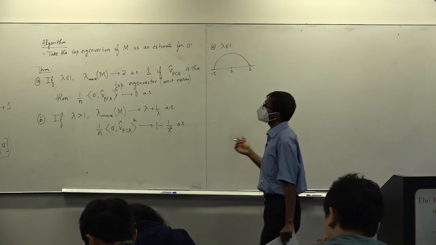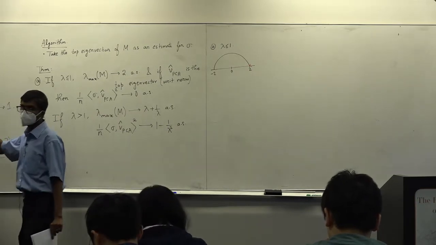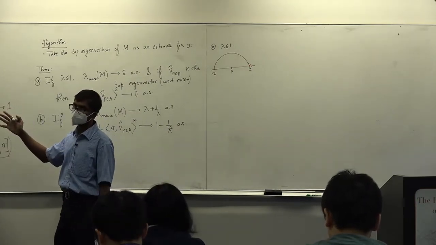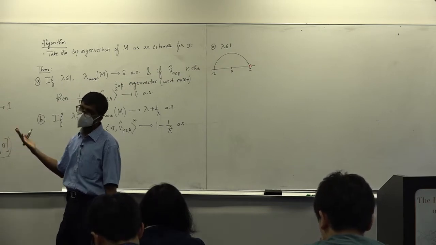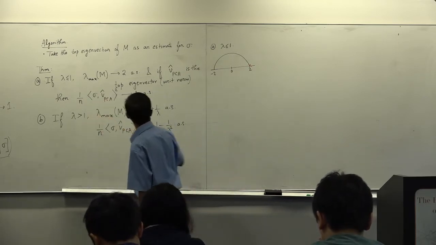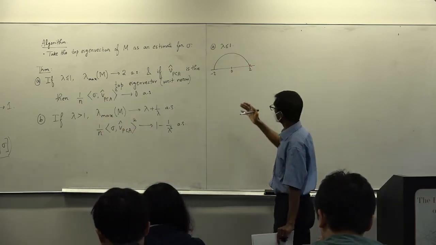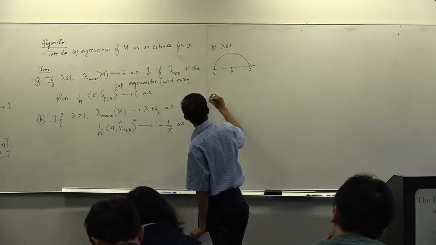Yeah, but the matrix M is a rank-one perturbation of a Gaussian matrix, so it doesn't change the bulk spectrum. It doesn't change anything but one of the eigenvalues. So even when lambda is bigger than 1, the empirical distribution will stay the same. Right, that's what I'm coming to next.